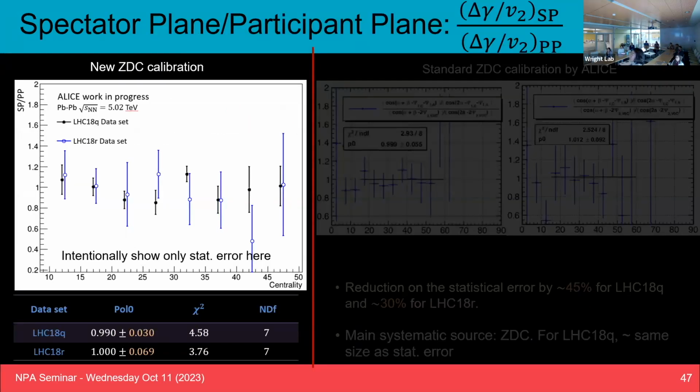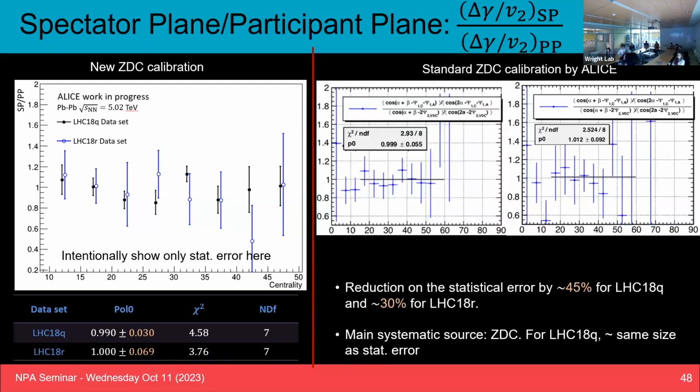So okay, now I come to the point of this ratio of the spectator plane and the participant plane. In 2018, we have in ALICE two data sets, 18Q and 18R. On the y-axis is the ratio, and the x-axis is the centrality dependence. The fit with a constant line is shown at the bottom.